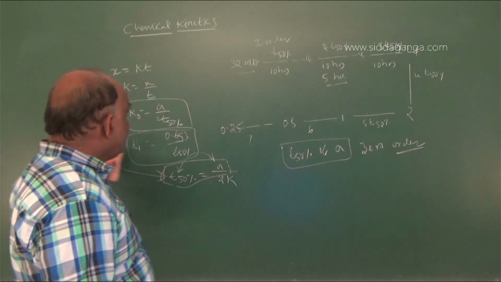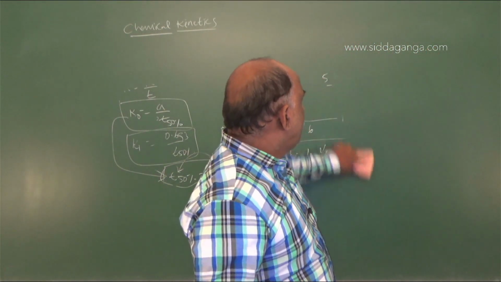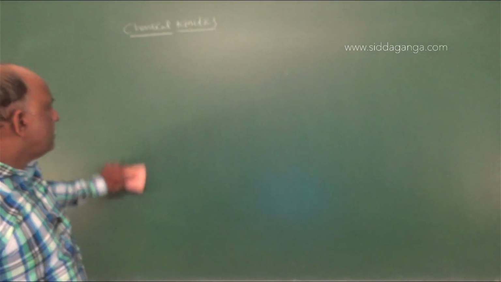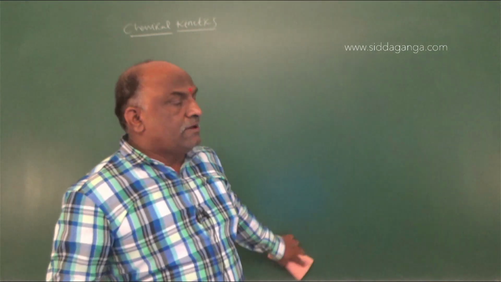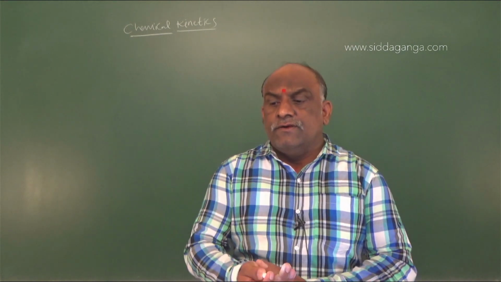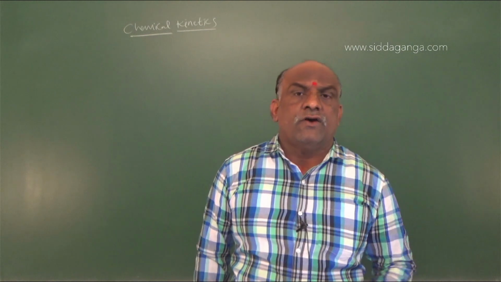Keep these points in your mind, because for different intervals we have to calculate 2 power n. 2 power n means how many intervals take place with respect to the initial concentration of the reactant, that is, how many times it decreases. On the basis of that we calculate the half-life period.